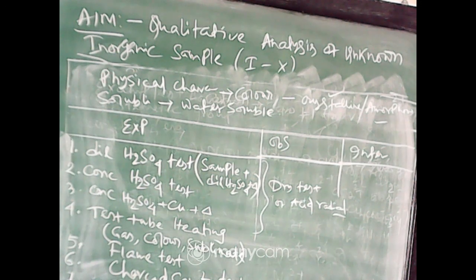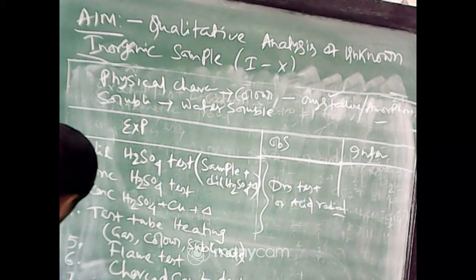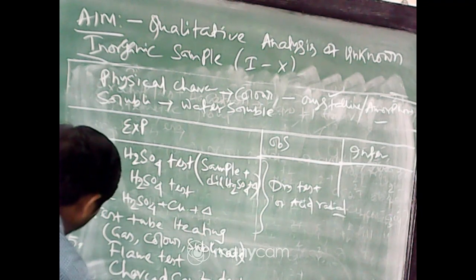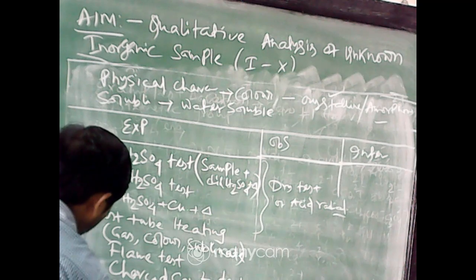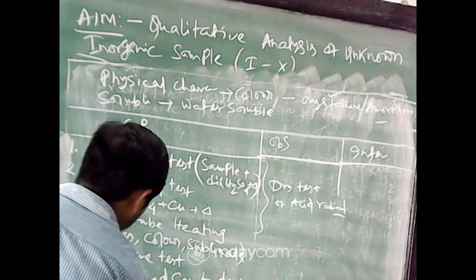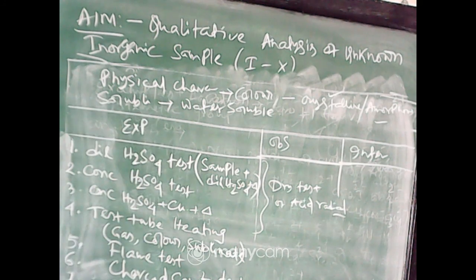After that, you will get another test, that is the KMnO4 test. This is number 8. What is this test? It is the decolorizing of the color of KMnO4. If iron is present, it will decolorize the KMnO4 color. If an acidic substance is present in your sample, it will also decolorize the KMnO4.